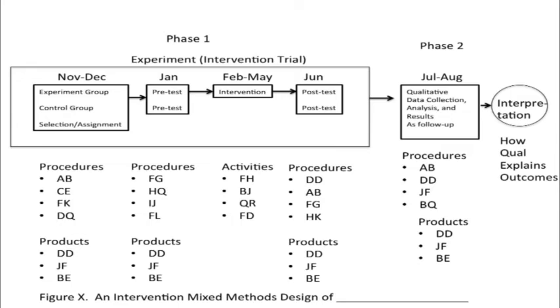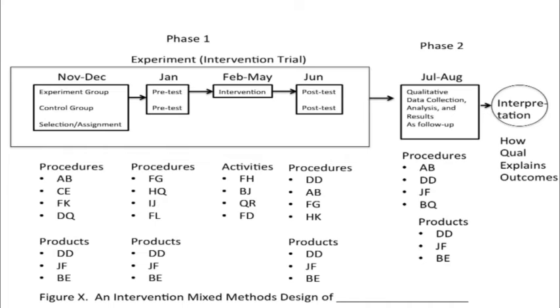Now, under each one of the major boxes, just as we've done with the basic designs, we can array the procedures that would follow. What are the procedures used in selecting the experimental and control group? How will they be assigned? How many of them will be assigned? We can also put those procedures under the qualitative follow-up phase.